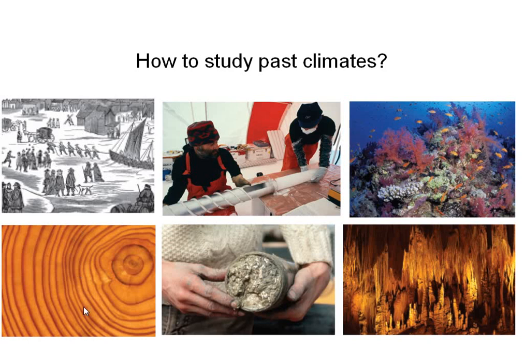And then you can use tree rings. These are year rings. From the thickness of the year rings, you can know information about the ancient climate. A very old tree can live for thousands of years, so you can know the information thousands of years ago.